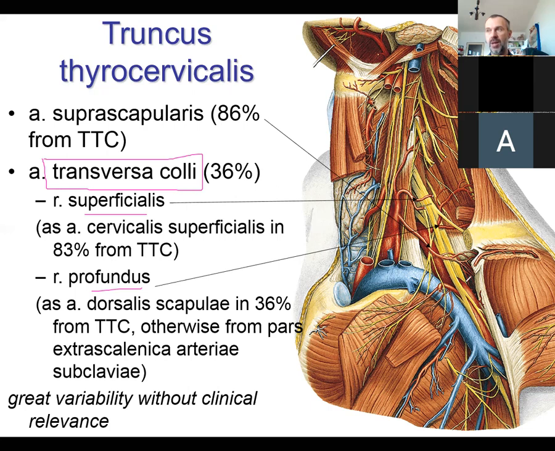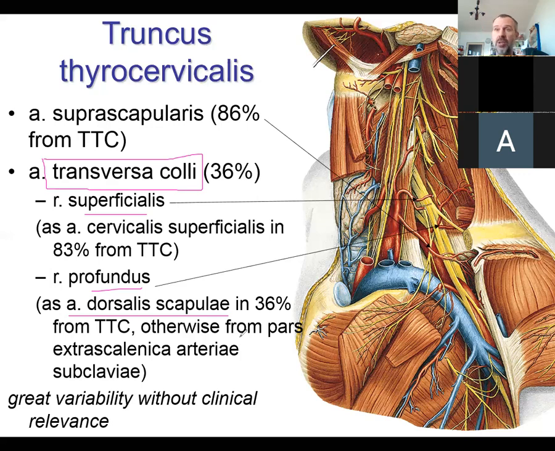The deep branch descends to the medial margin of scapula and runs together with the dorsal scapular nerve. You may know that dorsal scapular nerve supplies rhomboid muscles and levator scapulae muscle. So this artery also supplies these muscles. Yeah, so it's a neurovascular bundle.